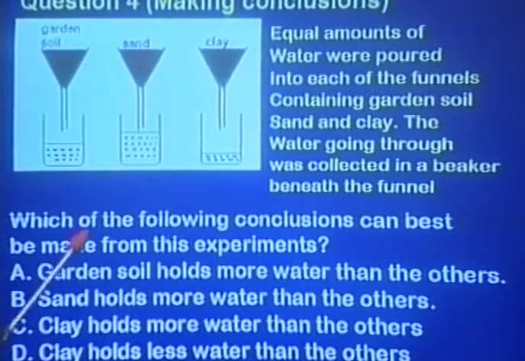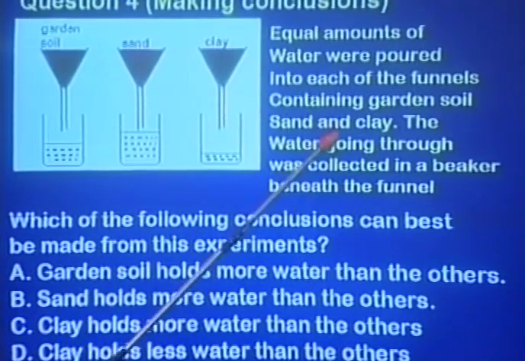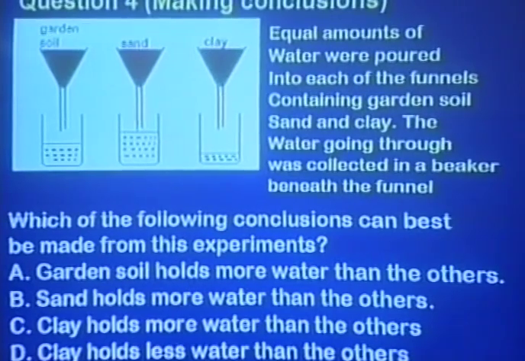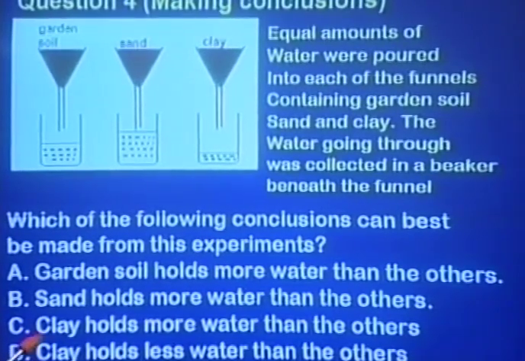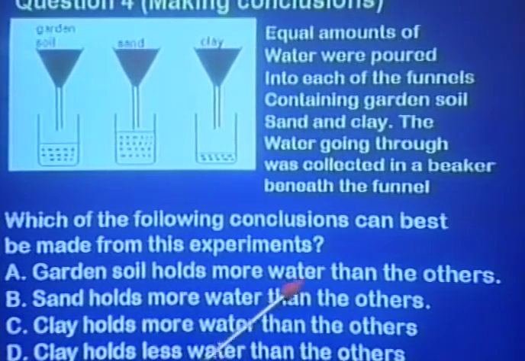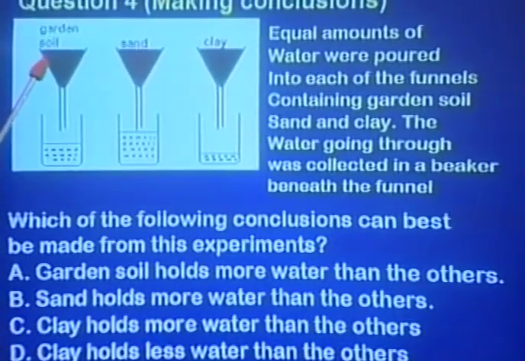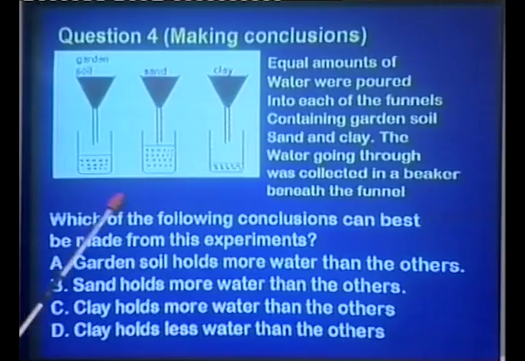So the question is, which of the following conclusions can best be made from these experiments? Garden soil holds more water than the others. Garden soil. If it holds more water, then you will see not much water will be in the beaker, because more water will be held in the materials there.